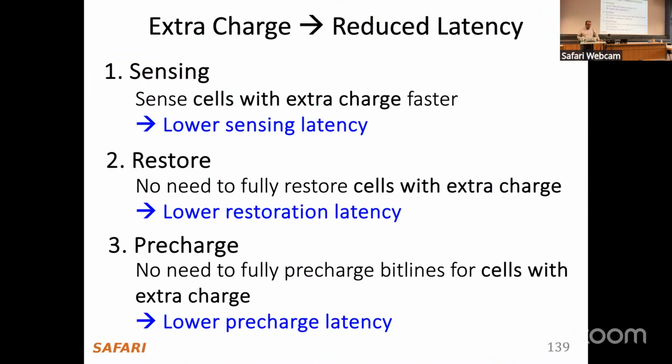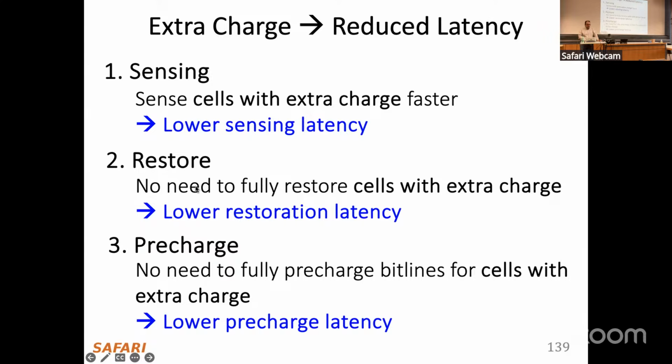Okay, this is something that I wanted to talk about. Extra charge in your cell capacitor can cause reduced latency for us. It can contribute to lower sensing latency, because with more charge in that cell, it can provide more current for charge sharing, for example.